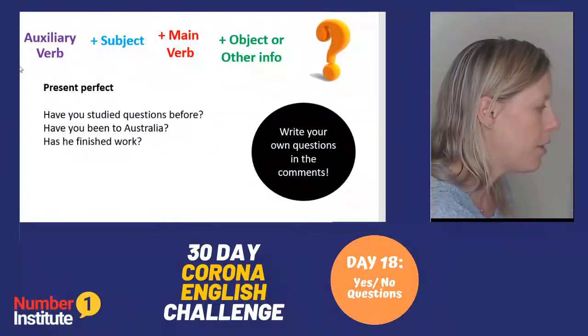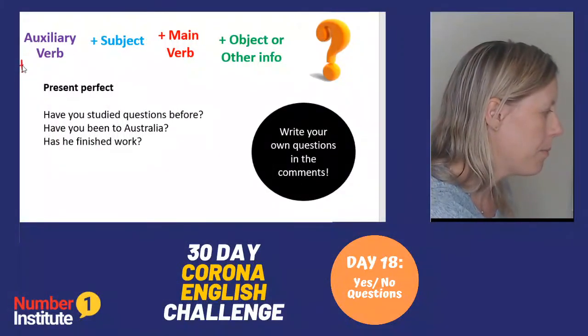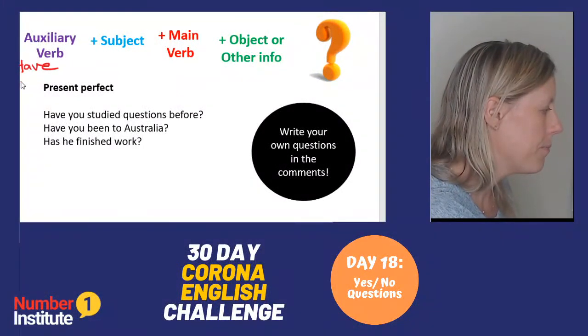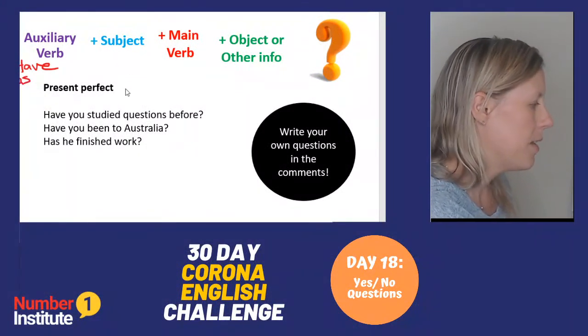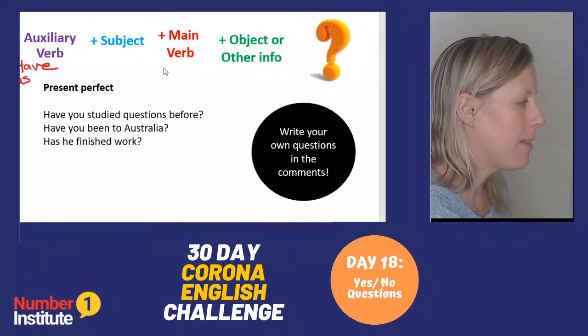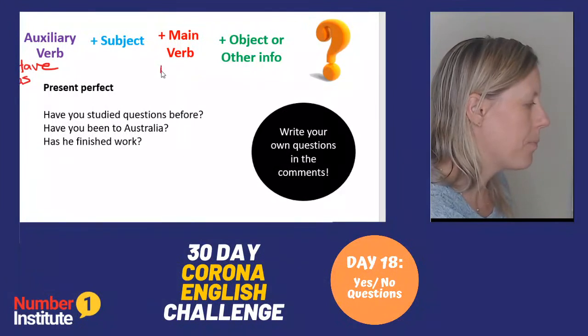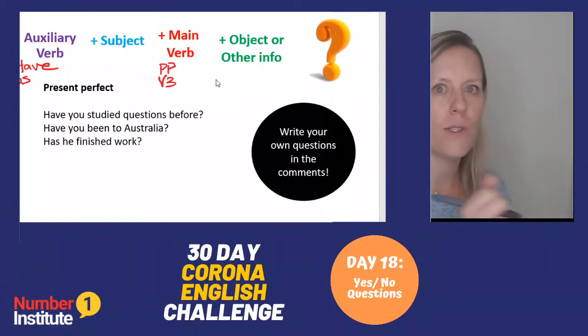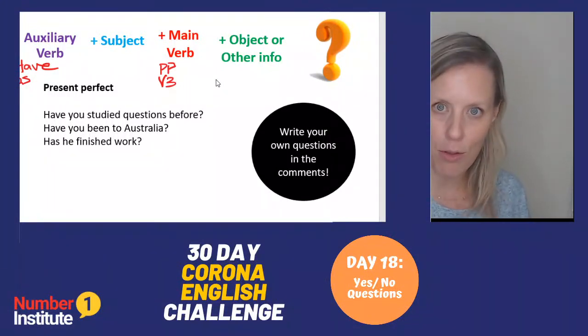So the auxiliary verb is have or has. The subject, you, he, and the main verb, and this is in the past participle, or I like to just call it the verb 3. So sing, sang, sung, the verb 3.